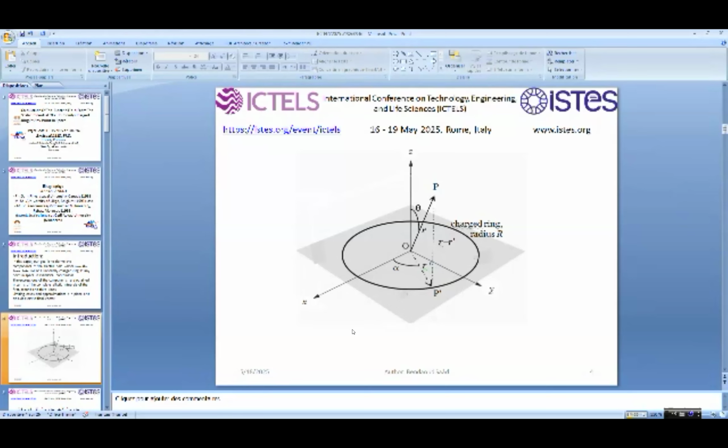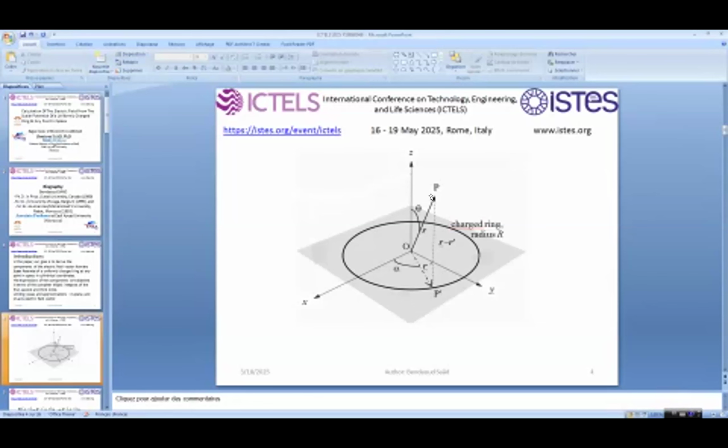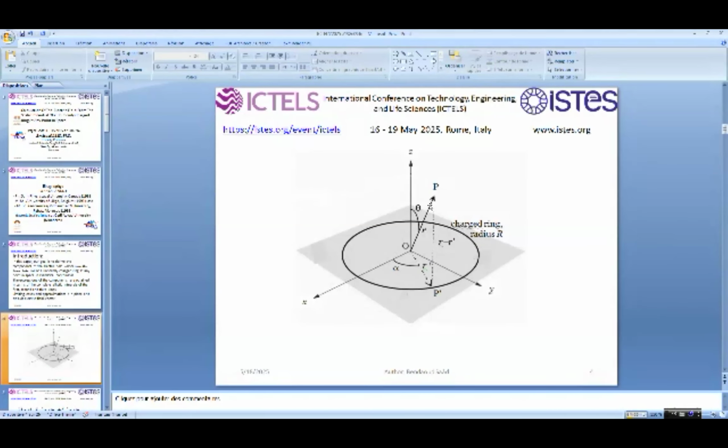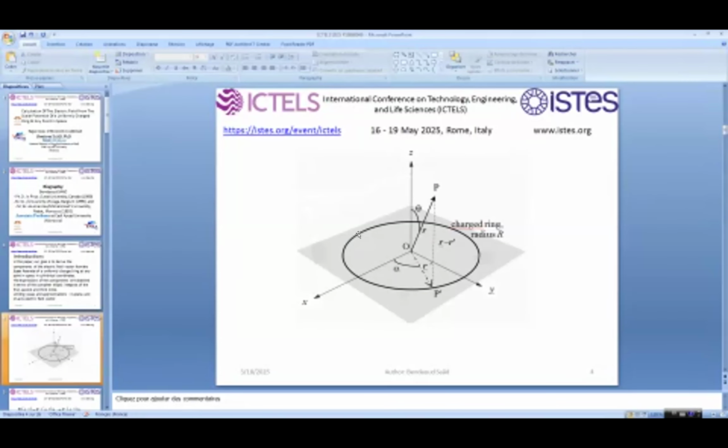Okay, because I guess for a point P there are more possibilities, because for spherical coordinates this radius is the same and this point should be the same, with the same distance. Yes, and physically, the calculation of the value of the electric field will be the same independently of the system of coordinates which you use.